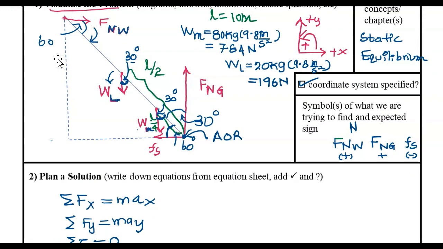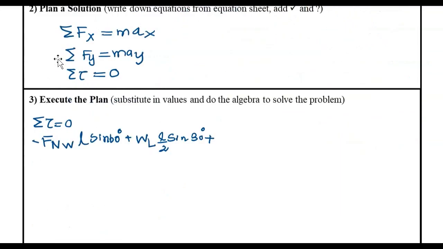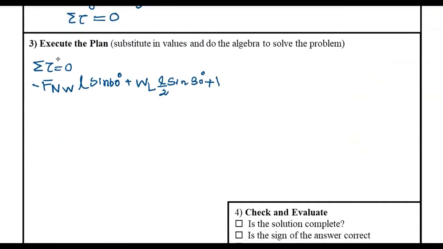And then torque from the weight of the man is also going to be positive because that force is going to rotate your system counterclockwise with respect to the axis of rotation, you can see. So I'm going to assign a positive sign for that torque, and then force times the distance is L by 4 times sine 30, is equal to 0 because the system is not moving. There's no net torque.